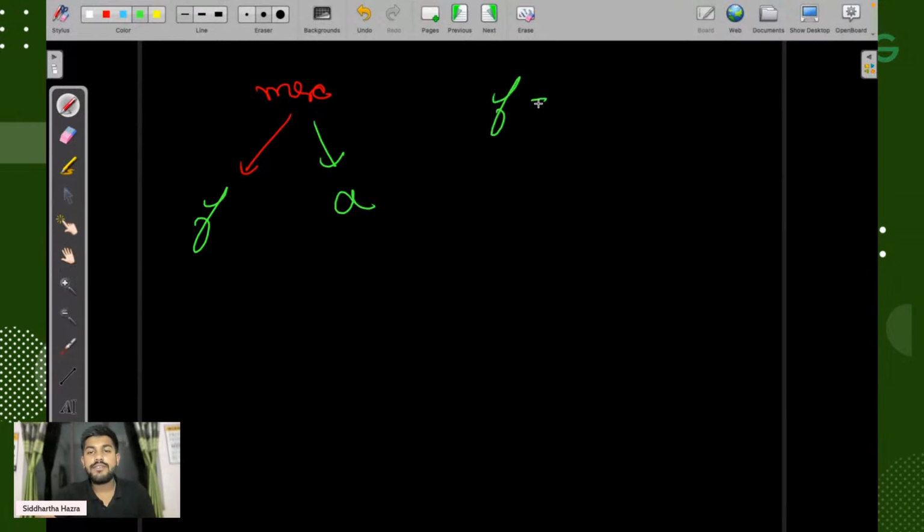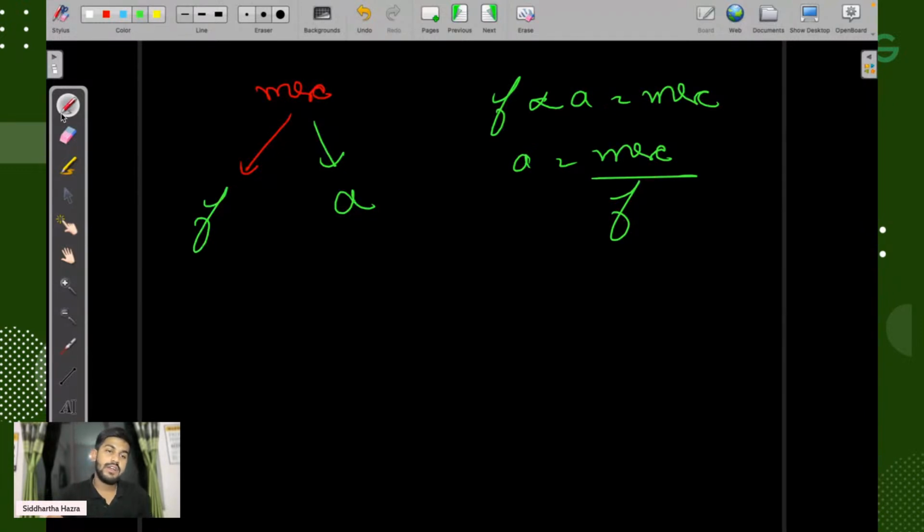So we know that factor multiplied by a is equal to max. If a factor is present and max is already known, then a is equal to max by factor, multiplication here, division here. So now we have a formula from here: maximum by factor.